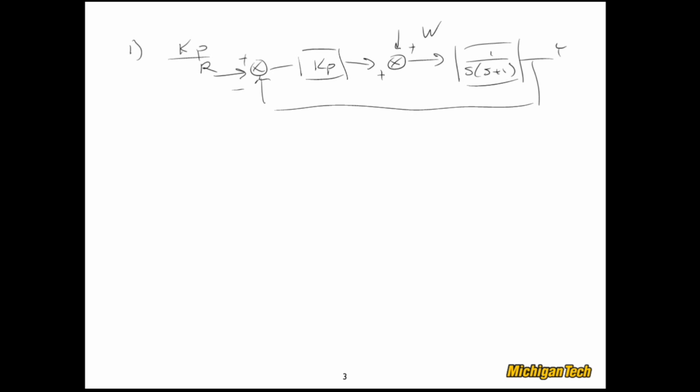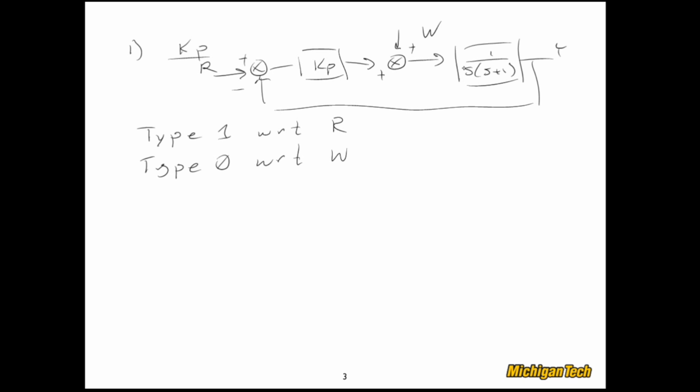It's unity feedback, so we can look at it to assess our steady state behavior. So for instance, just by inspection, we can see that it's type 1 with respect to the reference input R, and type 0 with respect to the disturbance input W.